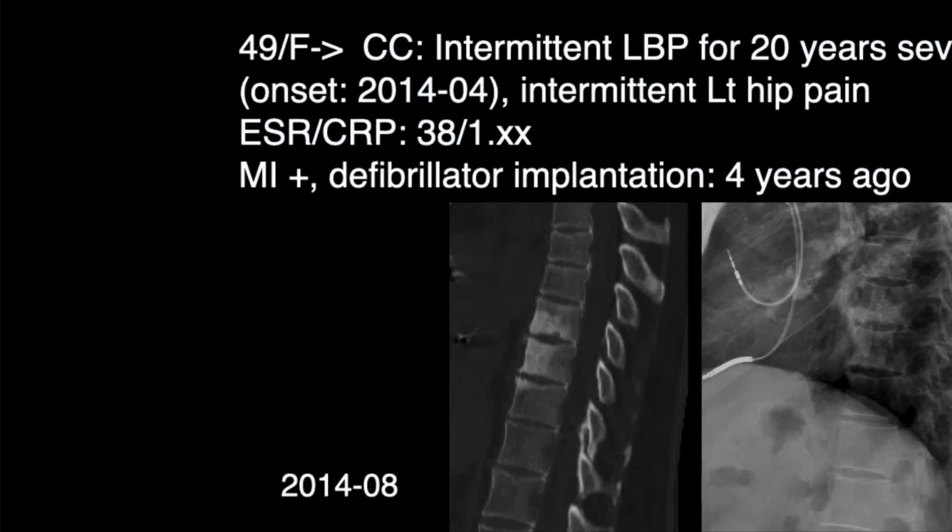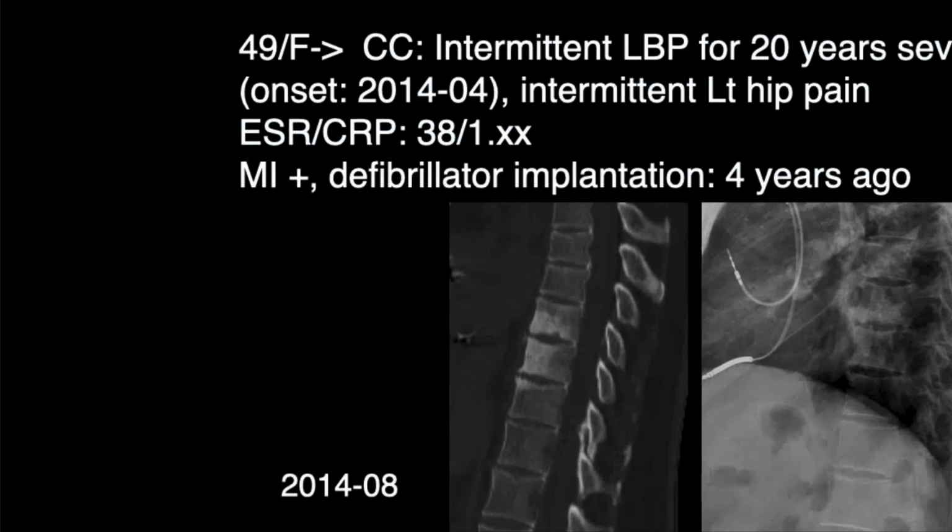Okay, Dan? 49-year-old female, intermittent low back pain for 20 years, severe back pain, onset 2014, left hip pain, elevated ESR, CRP. I'm assuming, I don't remember those numbers off the top of my head. Myocardial infarctions, defibrillator implantation 4 years ago.